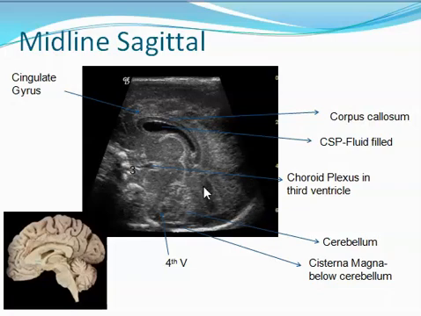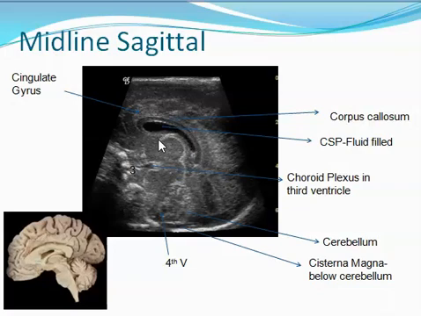Over here you will see this black anechoic area. This is the cavum septum pellucidum filled with CSF, and around that you will see this C-shaped or comma-shaped structure, which is regular from the front all the way to the posterior. This is the corpus callosum.